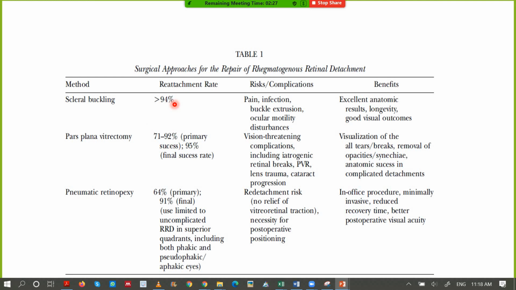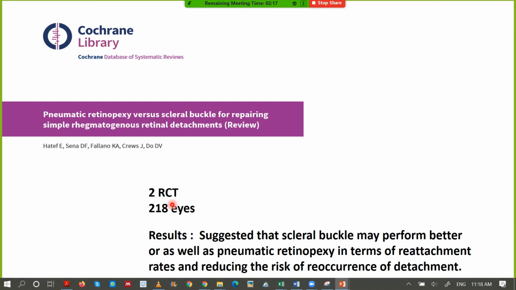Coming down to pneumatic retinopexy, this is again from a paper which suggested that belt buckling may perform better than other procedures. Next to belt buckling is the silicone oil injection, then the pneumatic. So these are the major surgical treatment options for retinal detachments.